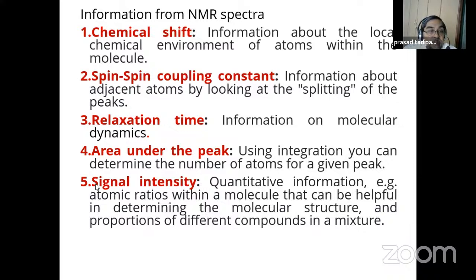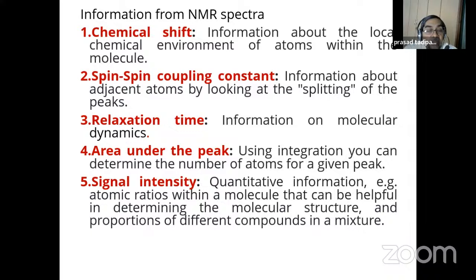And another important one is quantitative information. That is regarding atomic ratios within a molecule, which can be helpful in determining the molecular structure and the proportions of different compounds in a mixture. So in a mixture, different compounds are mixed together in different proportions.